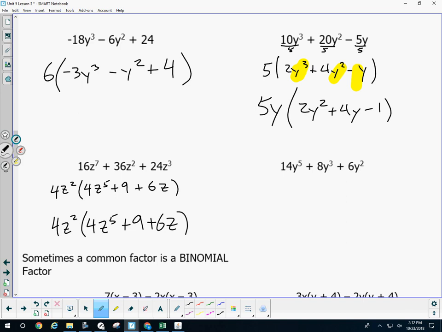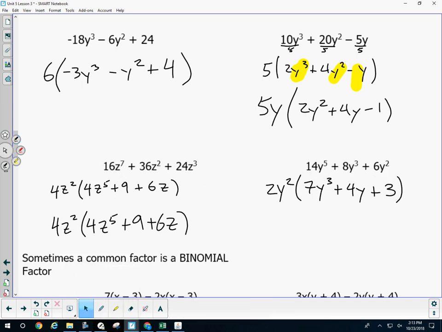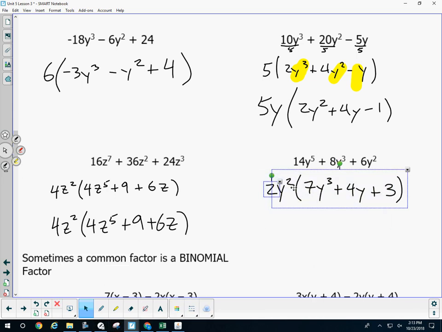Oh, yeah, that's right. Okay, we get 2y squared, 7y cubed, plus 4y plus 3.